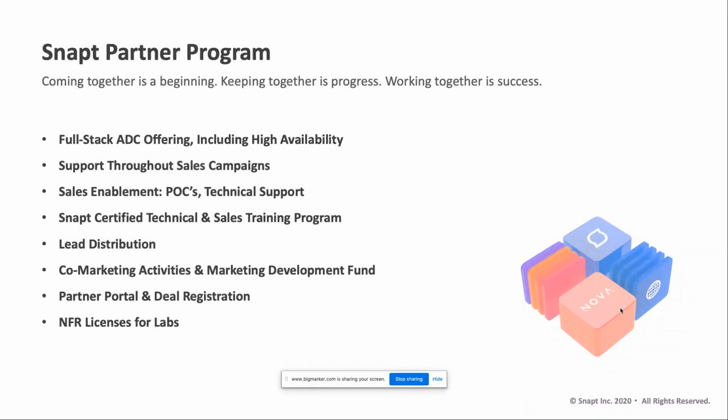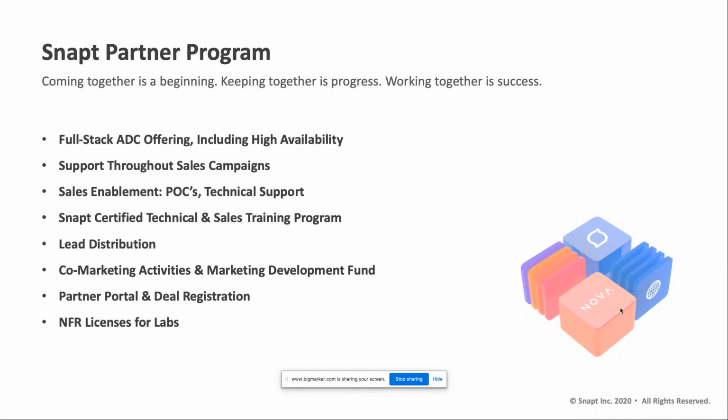And of course, with the ability to centrally manage and control that through a fully managed ADC platform. We support the sales campaigns. So we're here to support, of course, technically, and provide, of course, the practice and the collateral and the information to be able to be successful in delivering on those campaigns.